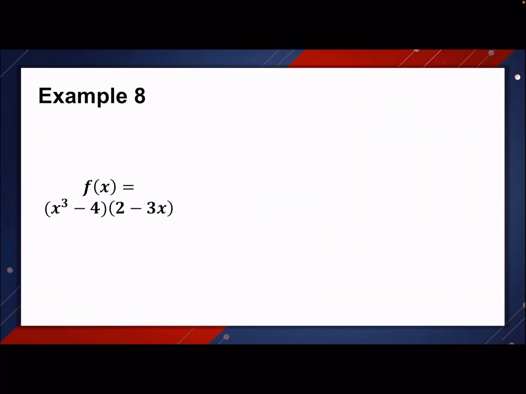Example 8. f(x) is equal to x cubed minus 4 times 2 minus 3x. So the derivative for this function is x cubed minus 4 times negative 3 plus 2 minus 3x times 3x squared.